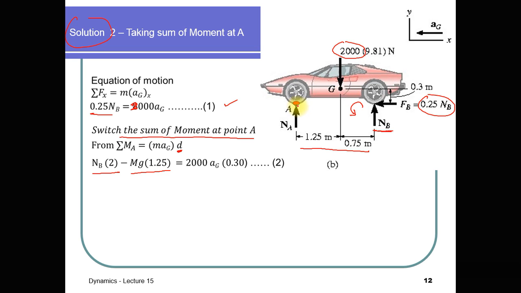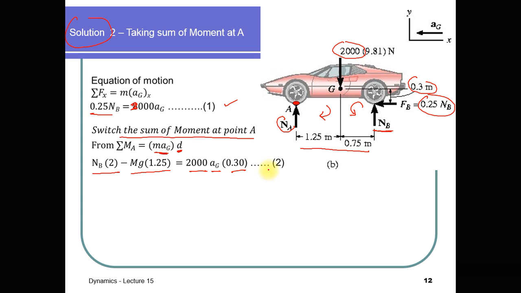The forces N_A and F_B pass through point A, so we do not consider them. This equals m a_G, where m is 2000, times d, the offset from G to A, 0.3 meter.